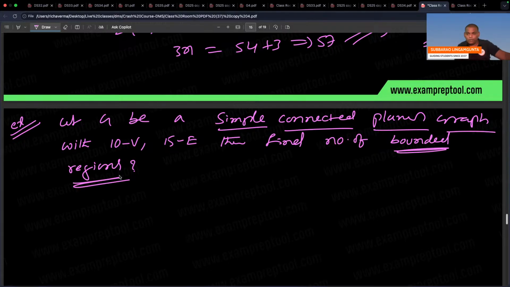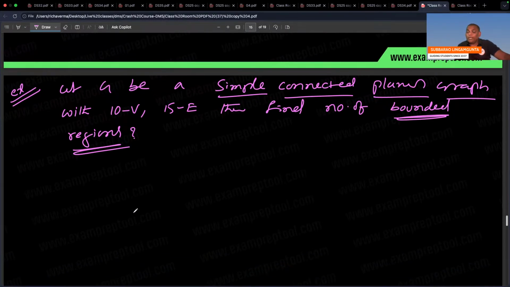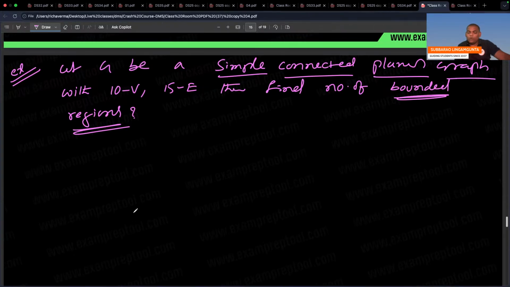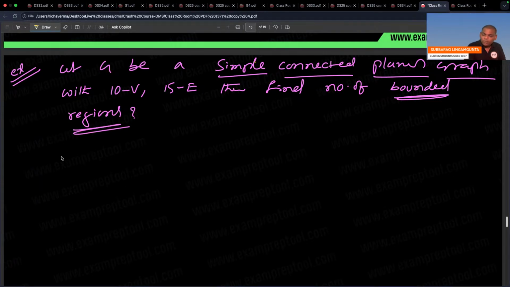Let G be a simple connected planar graph with 10 vertices, 15 edges, then find the number of bounded regions. First find regions, then we'll talk about bounded regions. Because it is a simple connected planar graph, the formula is V plus R is equal to E plus 2.